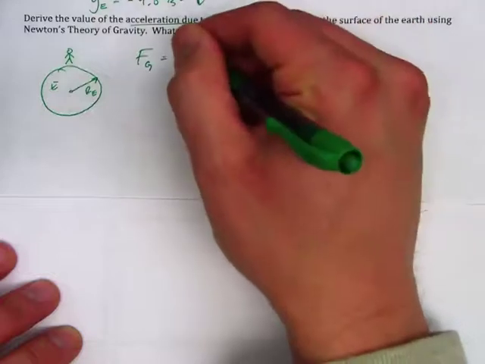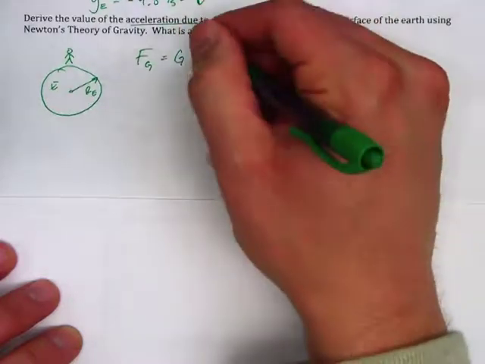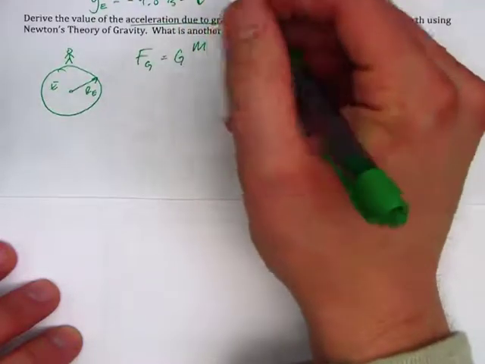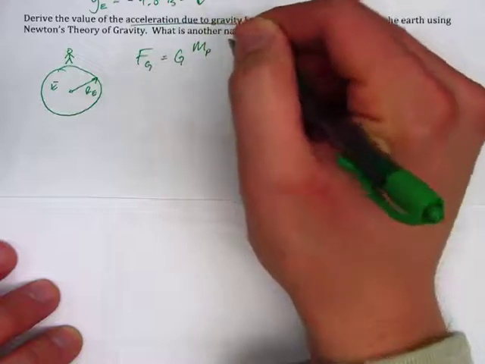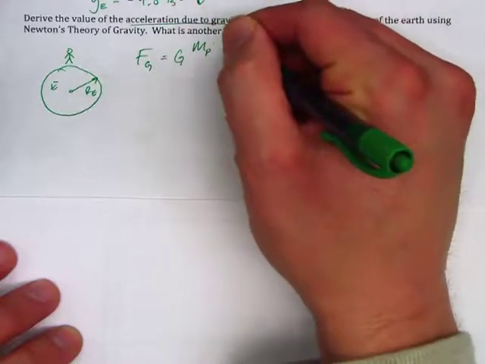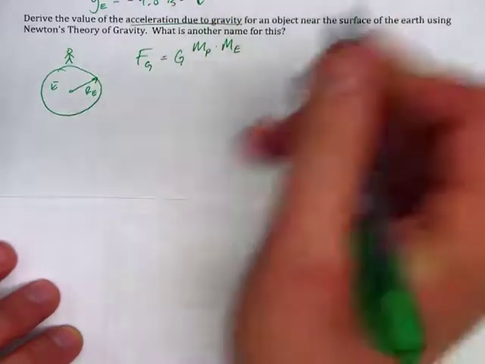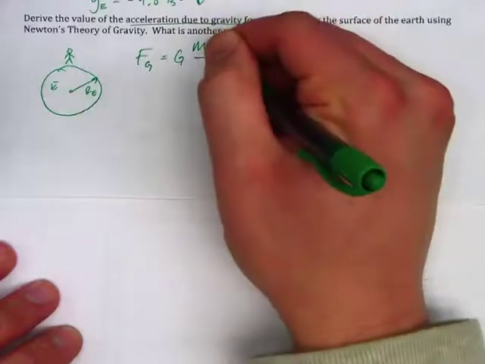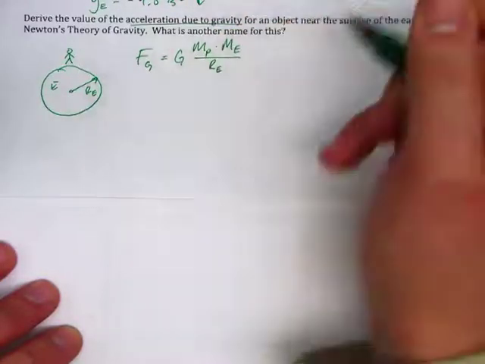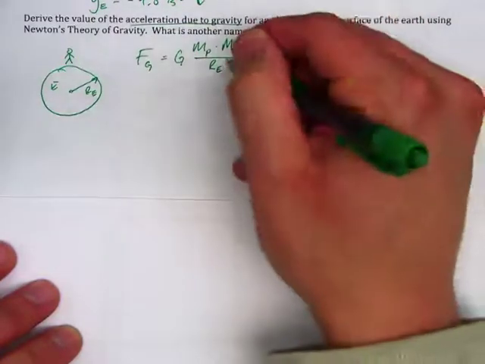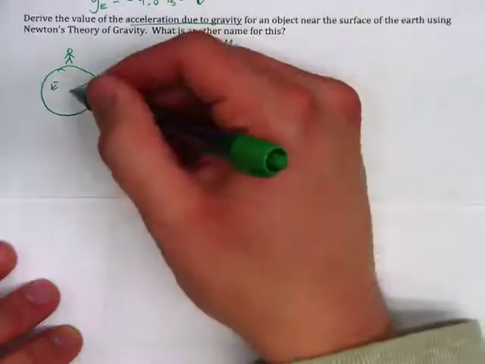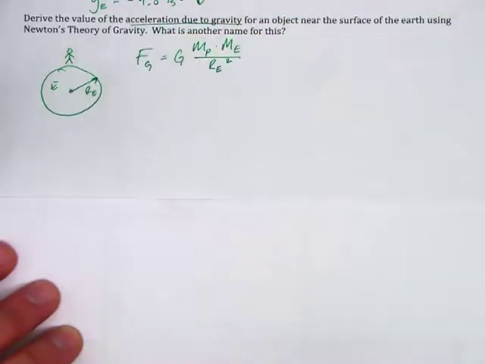Well, that's going to be the gravitational constant times the mass of the person, let's call it MP, times the mass of the Earth, divided by, since I'm near the surface of the Earth, the radius of the Earth from the center to the surface squared as my distance.